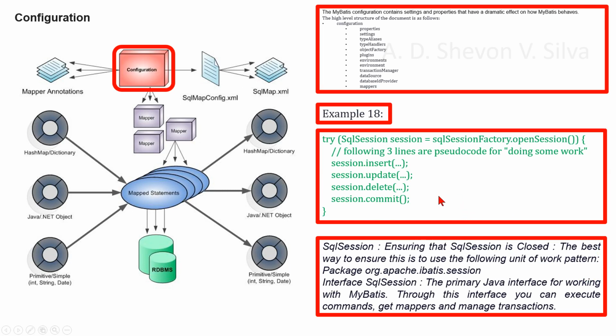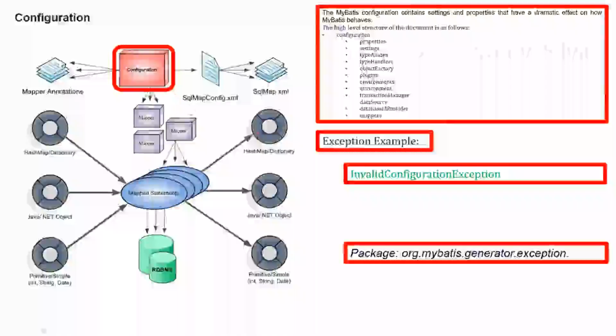Here, as an exception example, we can consider InvalidConfigurationException. This is in the package org.mybatis.generator.exception.